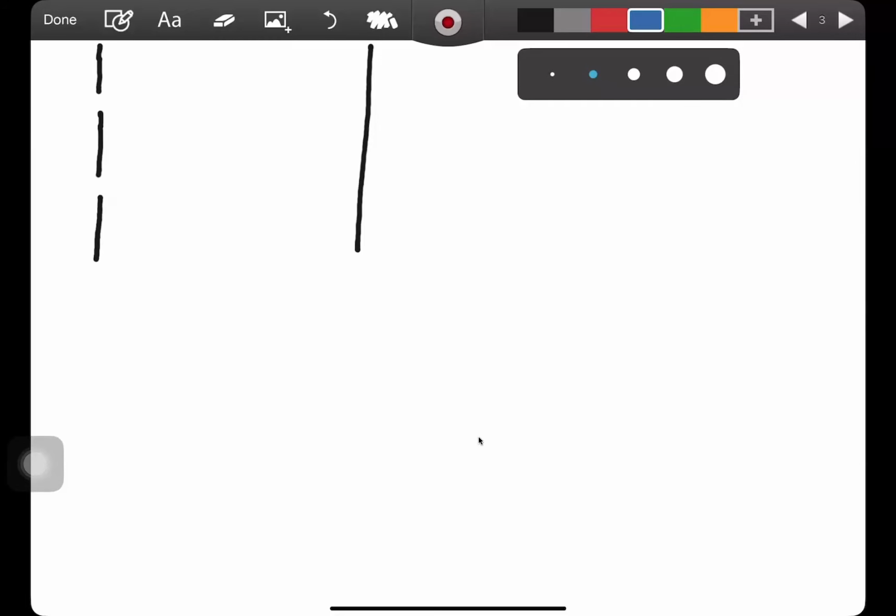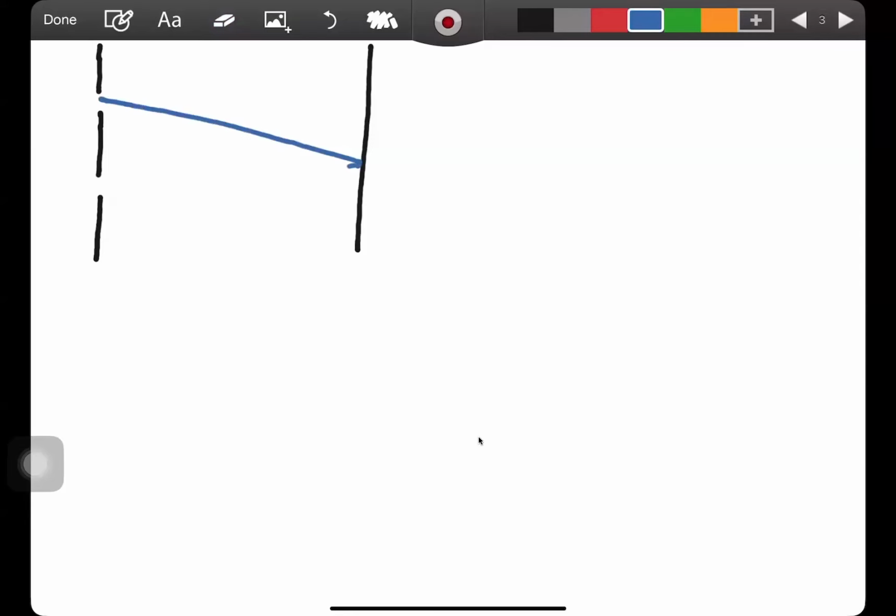So if you have light that goes through both openings and it has the same exact wavelength, and they are in phase with each other when they go through both openings, then at the center of the screen, you have an isosceles triangle here. The distance from the top slit to the screen and the bottom slit to the screen are the same. And so there's no path length difference.